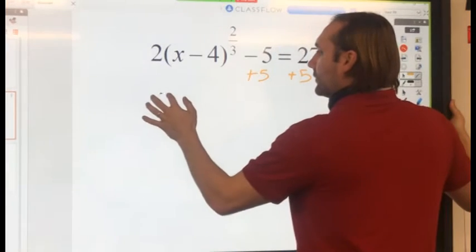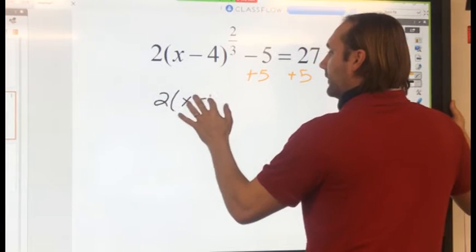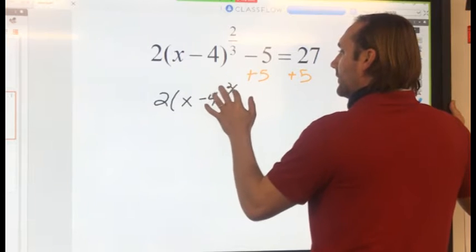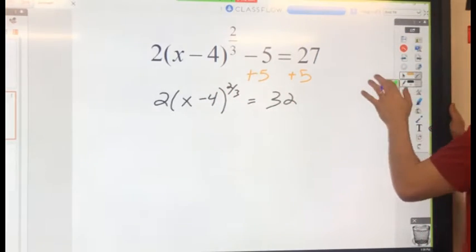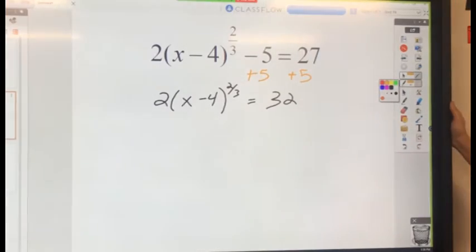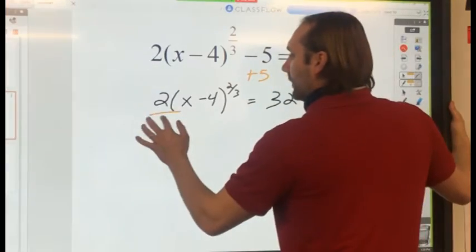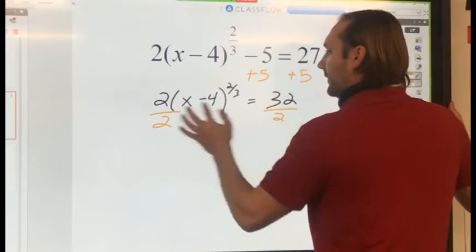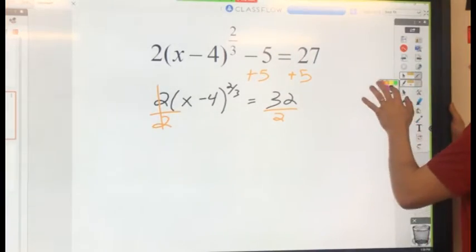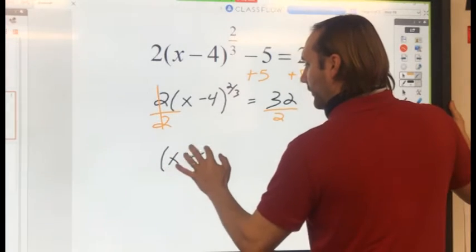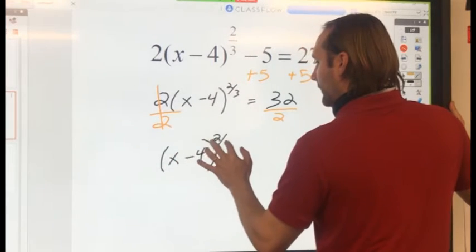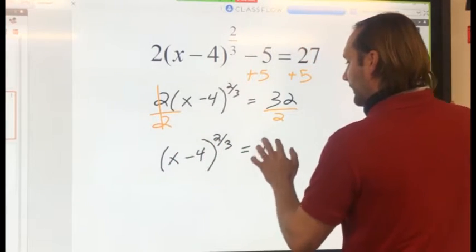I get 2 times (x minus 4) to the 2/3 equals 32. Now after that, divide by 2 on both sides. I get (x minus 4) to the 2/3 equals 16.